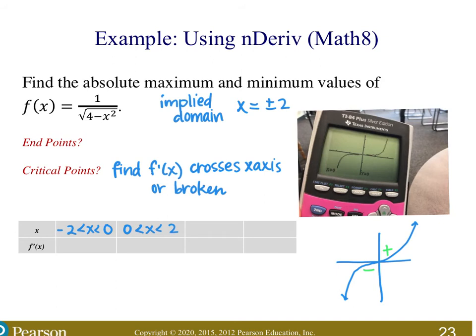It's going from a minus section below the x-axis to a plus. So this is a decreasing to an increasing section, which means if we change from decreasing to increasing, that we have a local min at x is 0 because of the way that graph is changing. Okay, we know what the original graph is doing.